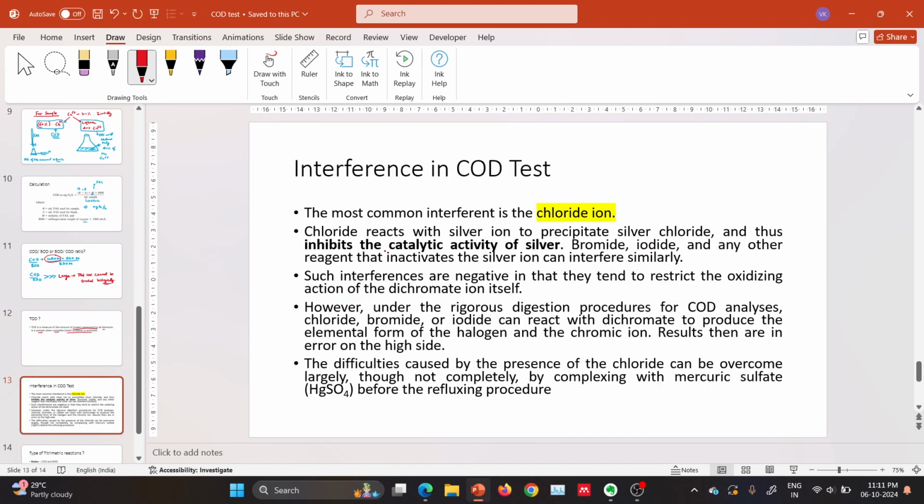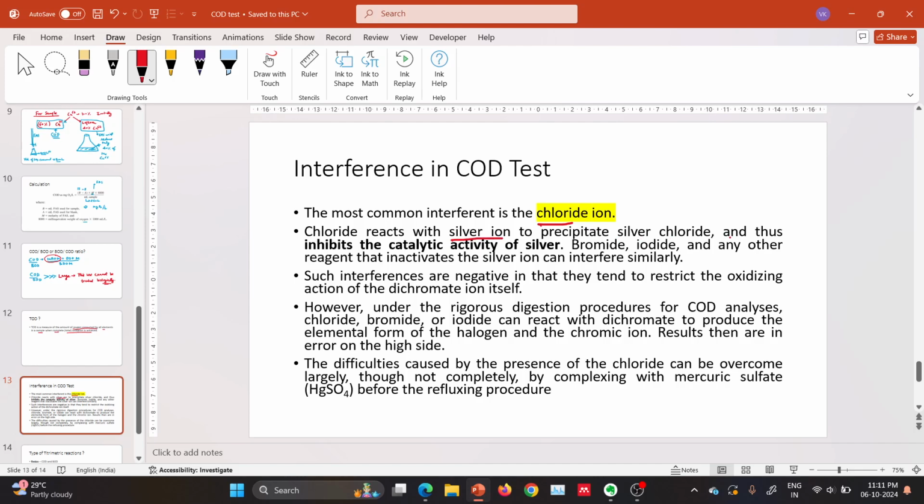So now we will understand what the interferences in the COD test are. The most common interferent is chloride ion. So chloride, iodide, bromide, these ions may interfere in the COD test. The main thing is that chloride reacts with the silver ion to precipitate it as silver chloride.